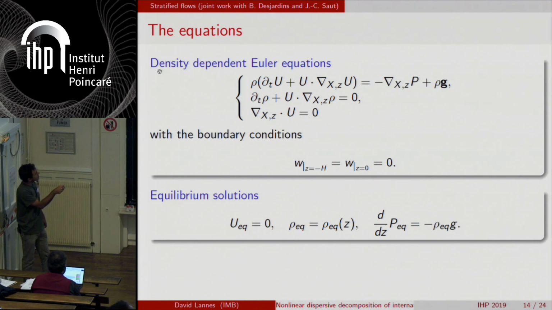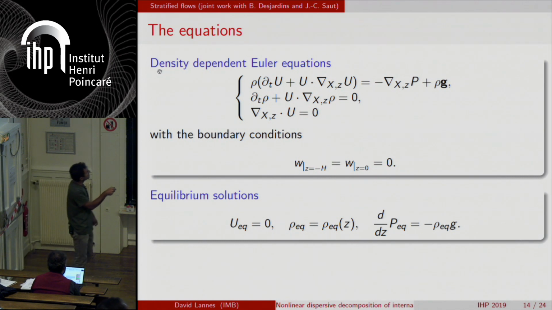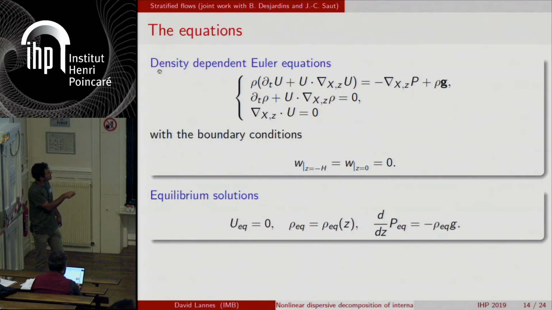And in this case, you must have 0 on the right-hand side, which tells you that the pressure is given by an equilibrium density rho, which is a function of z only, and dz p must be equal to minus rho g, which is the hydrostatic pressure. And you can check that this is satisfied everywhere. So dt rho is 0, and the divergence of u is 0, of course.